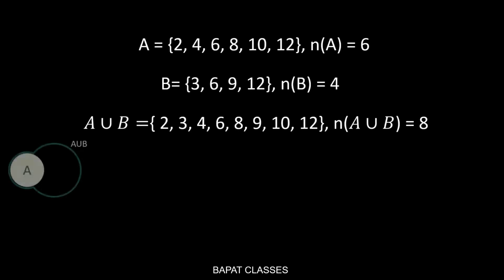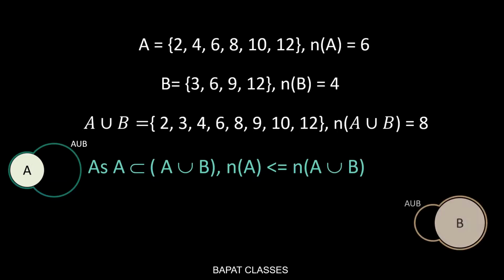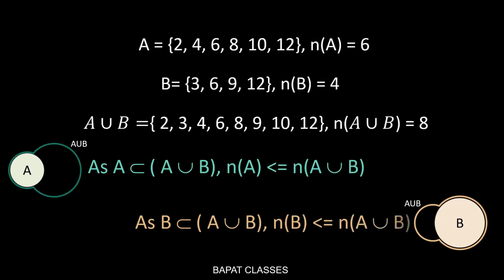As A is subset of A union B, cardinality of A is always less than or equal to cardinality of A union B. Similarly, B is subset of A union B, and therefore cardinality of B is also less than or equal to cardinality of A union B. Here, in our example, cardinality of A is 6 and cardinality of A union B is 8. 6 is less than 8.